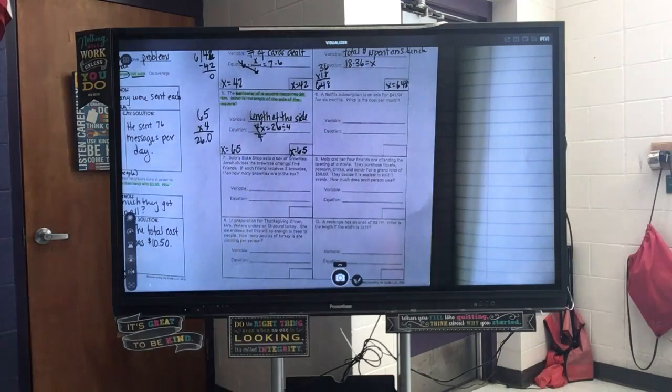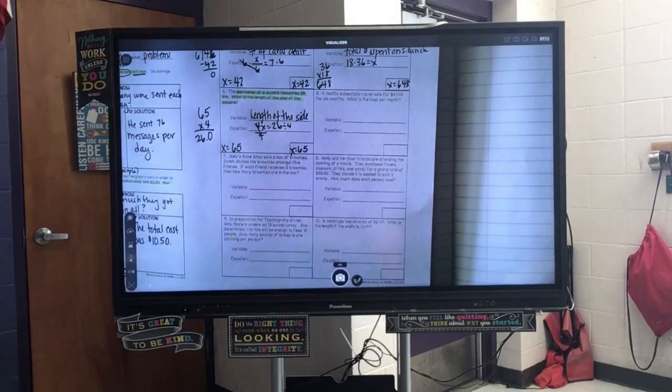What's the variable? Use this as equation. She said that it wasn't the variable. Let me say it again for this group. Variable is not going to be the answer for any of this.